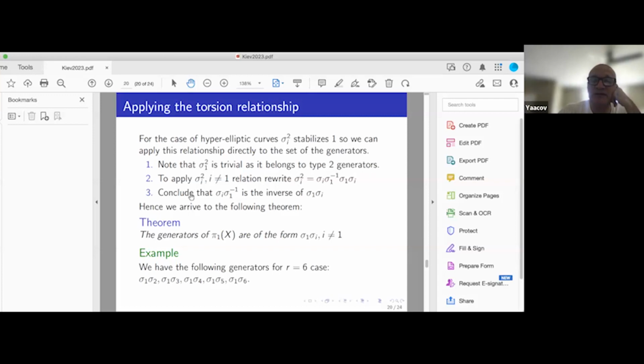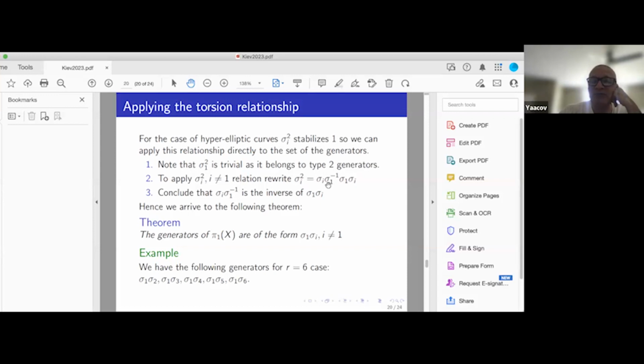How do I apply this to sigma I square? Very easy. I have a relation: sigma I square belongs to the generators. I present it directly through my generators. When I do it through my generators, I see that sigma I square is 1. So here, sigma I sigma 1 inverse and sigma 1 sigma I are basically inverse to each other.